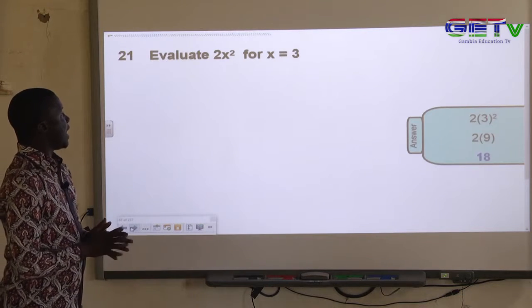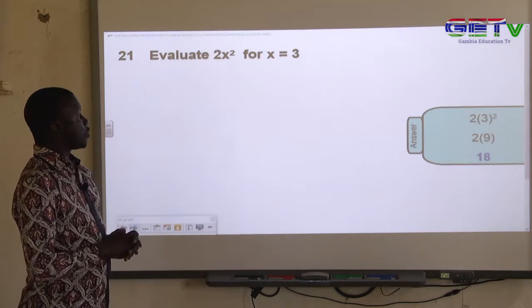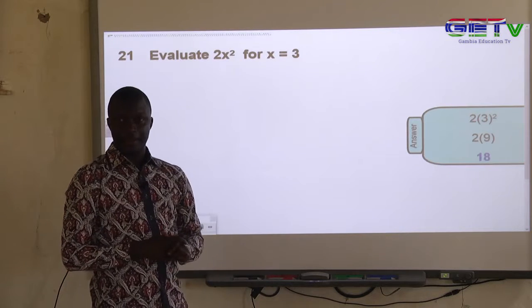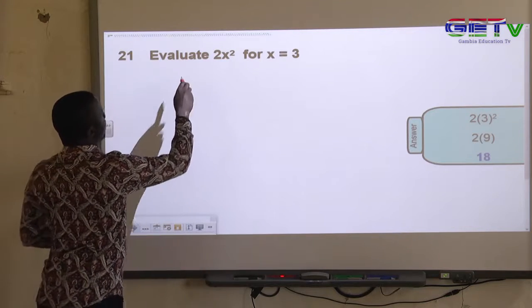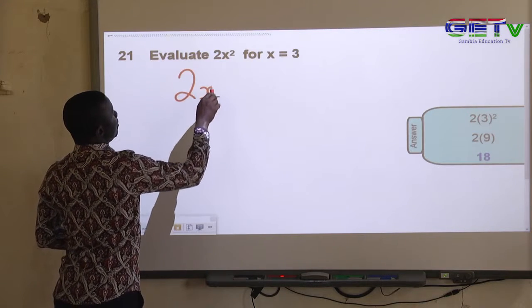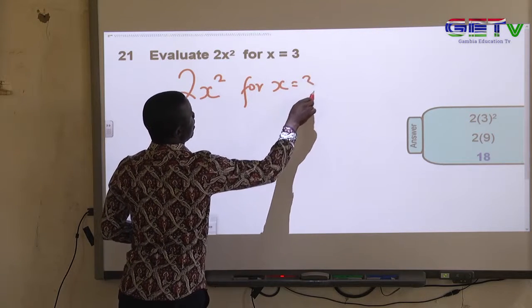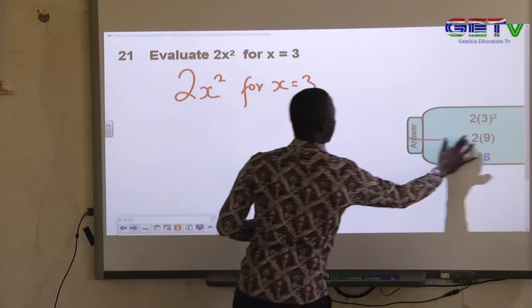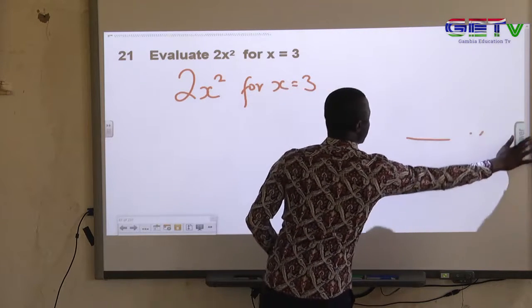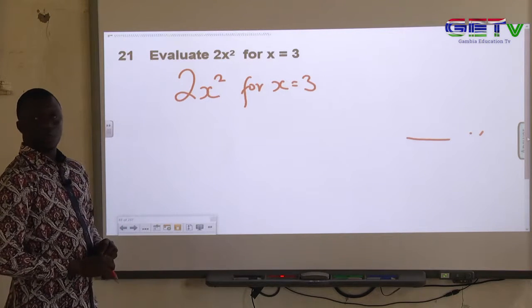We move on to the next slide, which says evaluate 2x to the power 2 for x equals 3. First, we rewrite our expression, 2x squared for x equals 3. The value of x here equals 3.